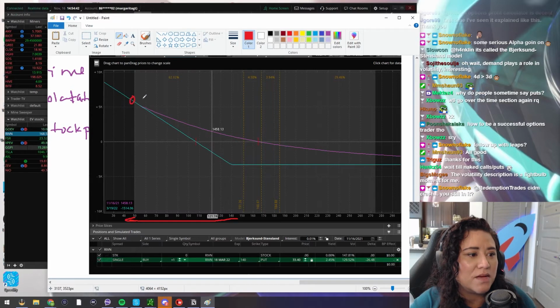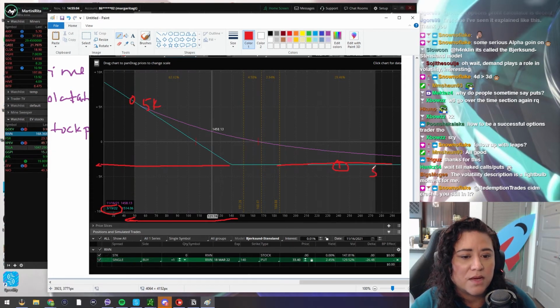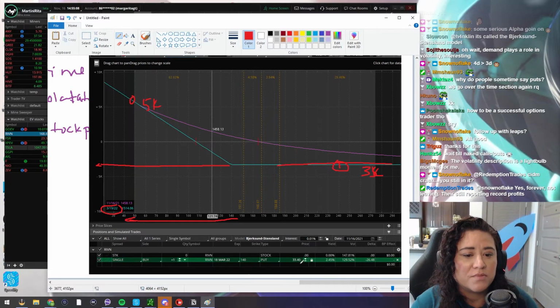If it even goes all the way down to $50, we'll make $5,000. If the price goes up, however, we will lose $5,000 by 3/19/22, right? If we hold it till expiration, any point along this, we're going to lose whatever that is, 3K, whatever the price of the option is.